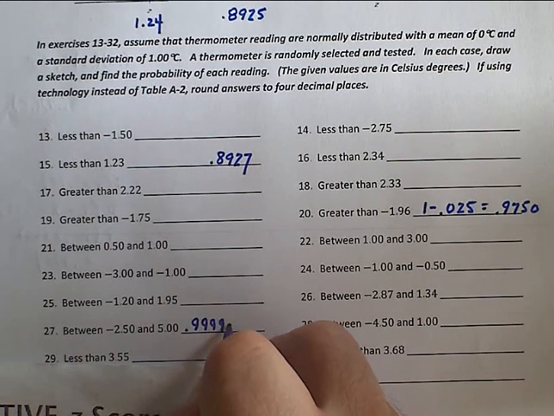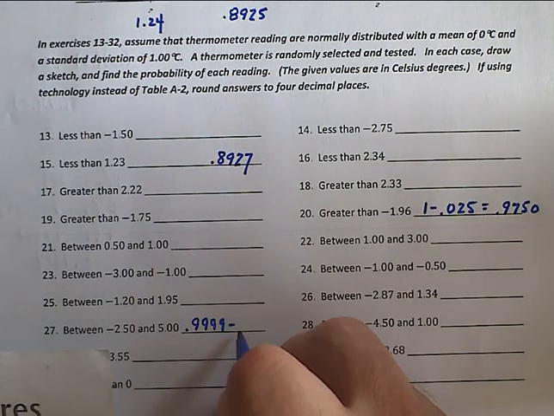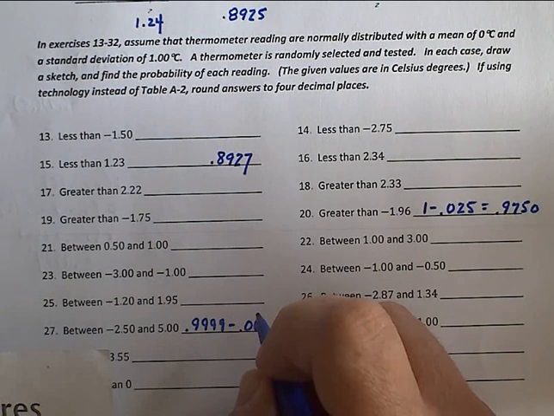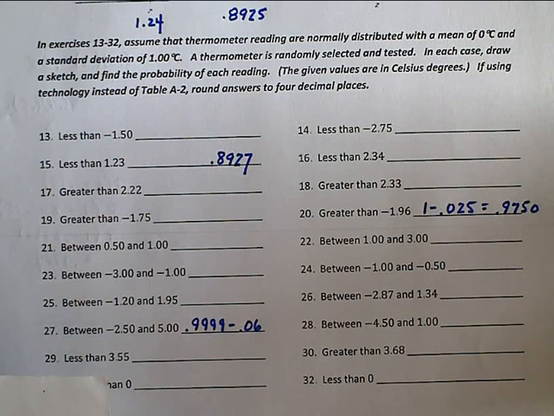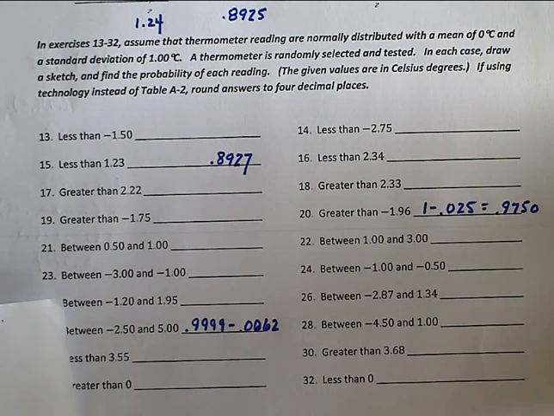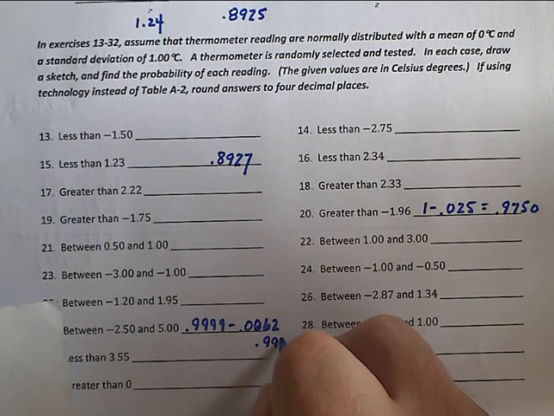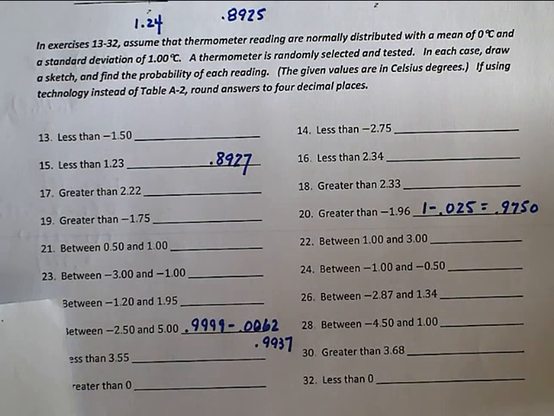Negative 2.5 on the other side, looking it up, is 0.0062. So 0.9999 minus 0.0062, and so I get 0.9937.